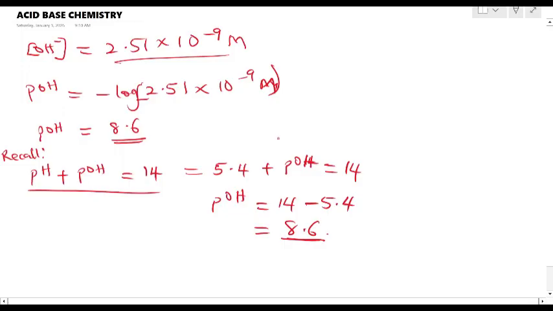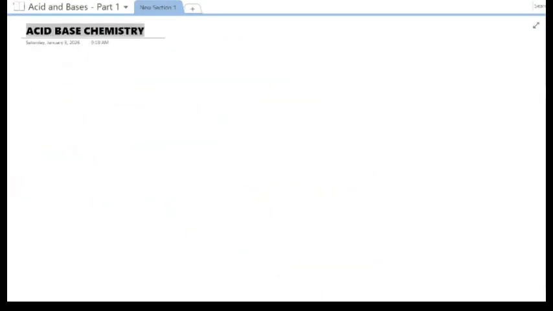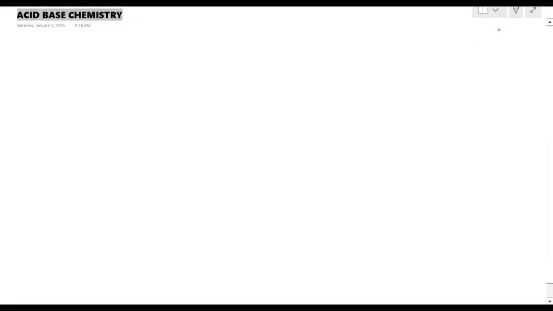So in our next slide, we want to quickly look at the pH scale in itself. We looked earlier at the P scale. Now we want to look at the pH scale.